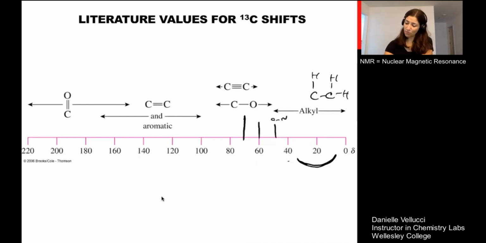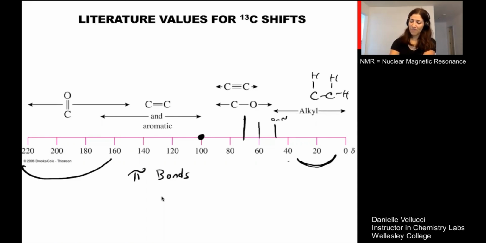And above 100, this is when we tend to see pi bonds. So first, again, we see our carbon-carbon pi bonds. And in this very downfield region of the spectrum, we see our CO pi bonds. Okay, so this can help us really start to have a nice picture of what our molecule is comprised of.